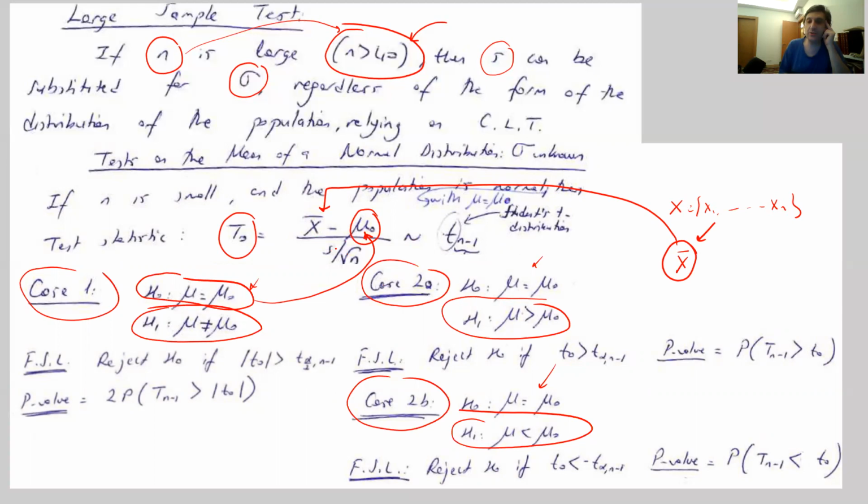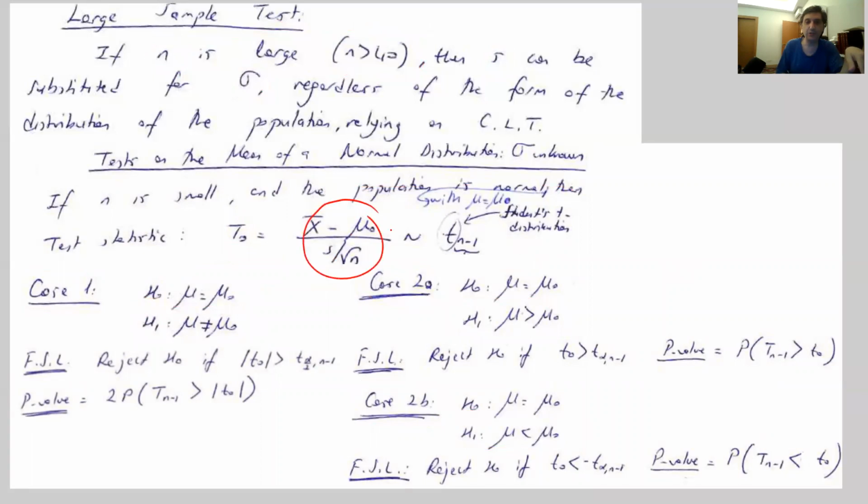Now this value is going to be divided by, note that this is not going to be the population standard deviation. Instead of that, we use the sample standard deviation, which is going to be obtained from the sample. So find the sample standard deviation, put it here, divide by the square root of n. This resulting term is going to be t-distributed with n-1 degrees of freedom.